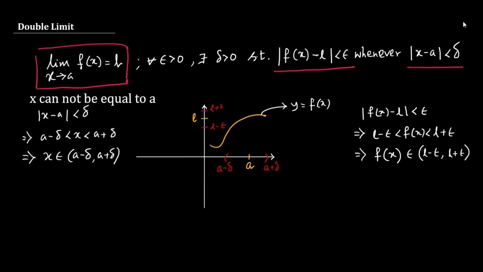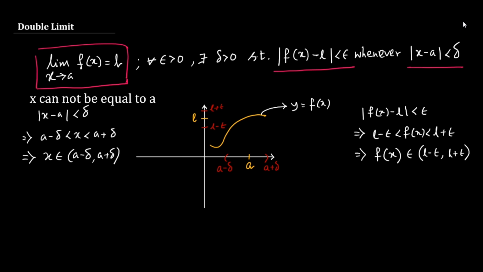Now, clearly, if you make delta very, very small, then your interval (a minus delta, a plus delta) will become very, very small. And if x lies in that interval, we can say x and a are very, very close to each other.